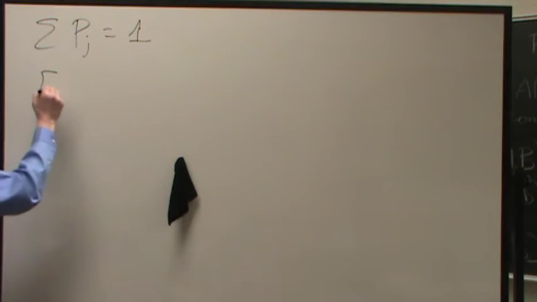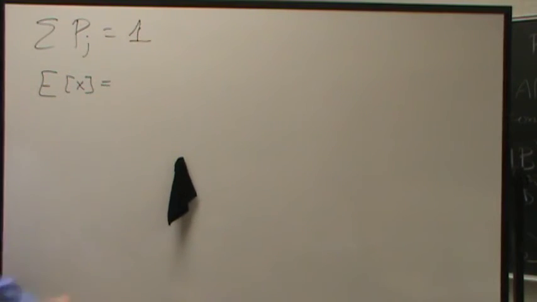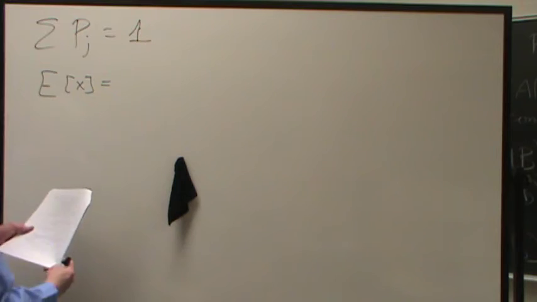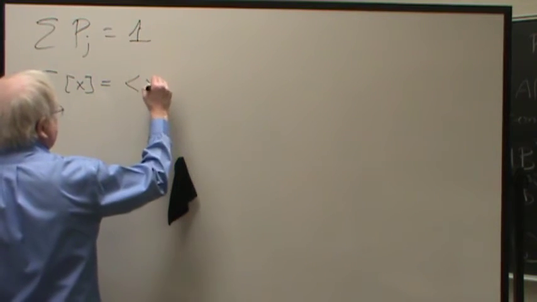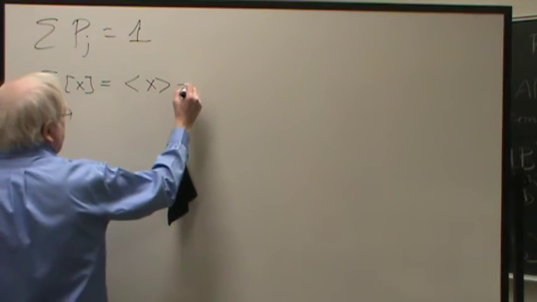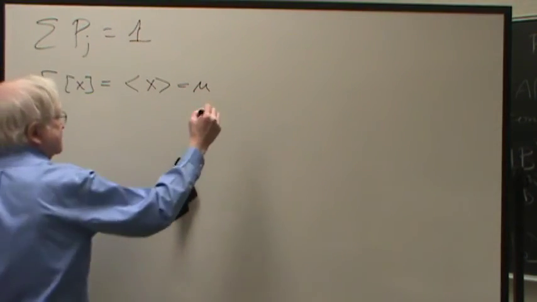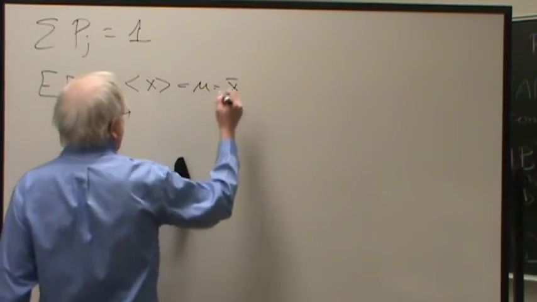There's something called E of x, and this is basically what should be called the mean value of x, and it sometimes is written like this. In fact, in physics departments it's often written like this. It's also written as mu for mean value. It's sometimes written as x bar.